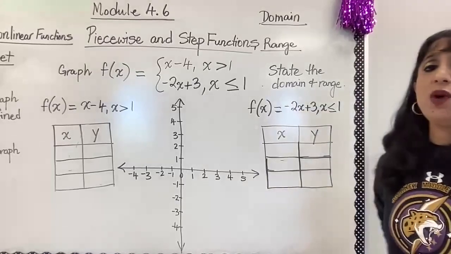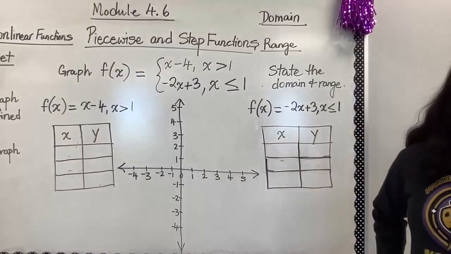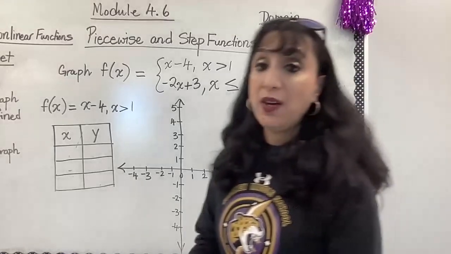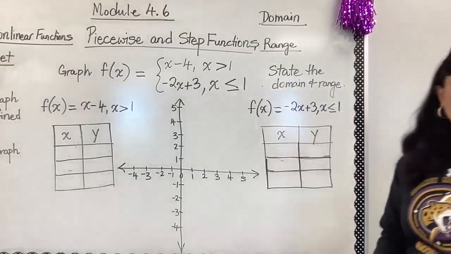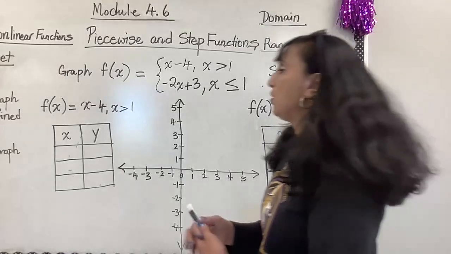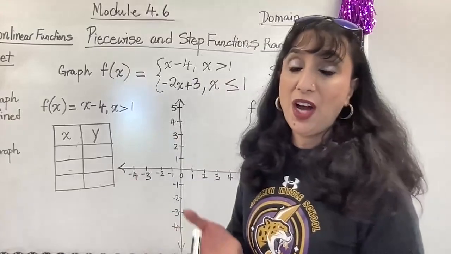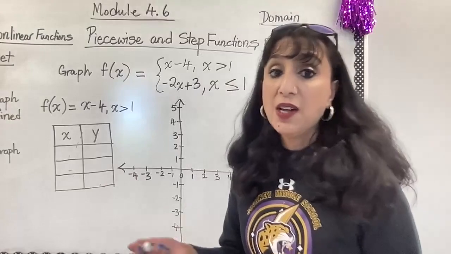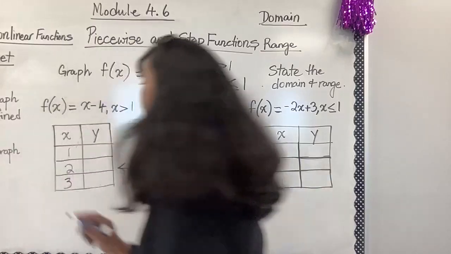The first one, f of x is equal to x minus 4, and x is greater than 1. What is greater than 1? We have 2, 3, 4, etc. But I am going to include 1 because I know that if it's greater, I will have an open circle there. So let's say 1, 2, 3.